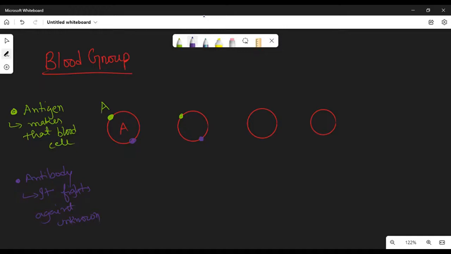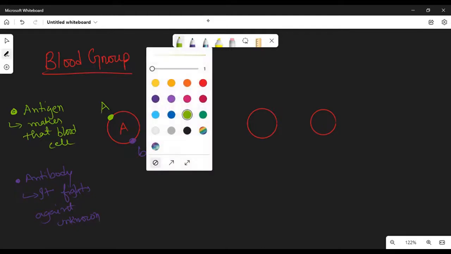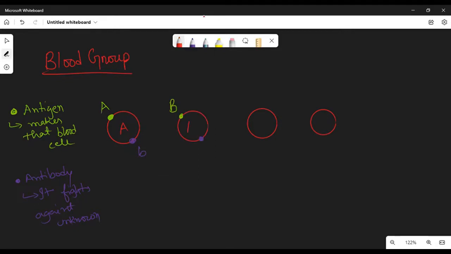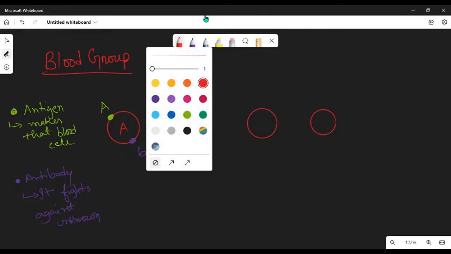So what is the opposite of this antigen A? It will be B. So it will create antibody B. You will get to know why I give B right in a while. So there is also another type of antigen, that is B, and it makes the blood group B. So it will also have an antibody, and it cannot have antibody B, it will have the other one.